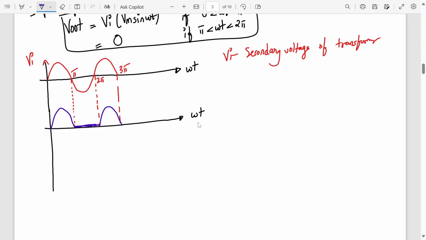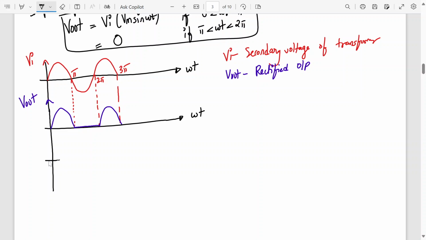So this is my output V out. We call it half wave rectified output, which is called as my rectified output.